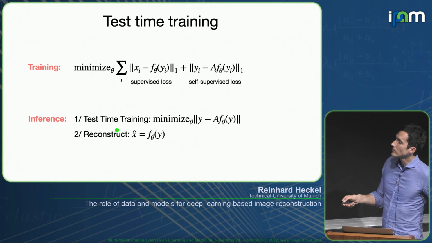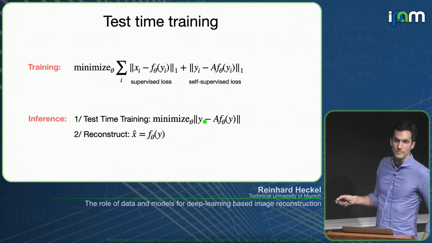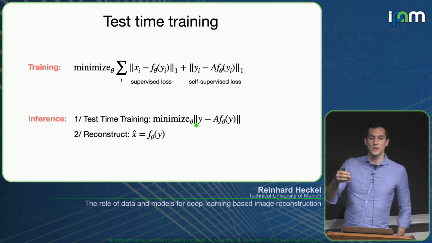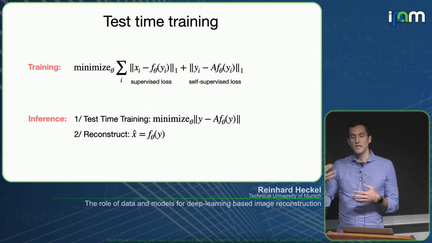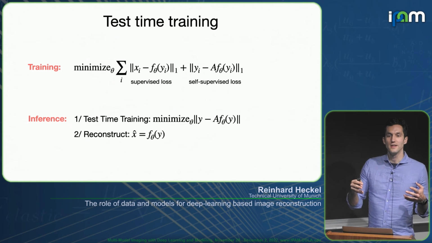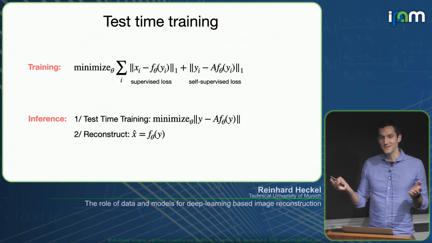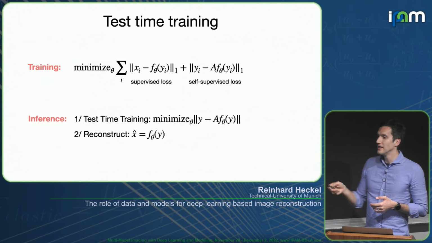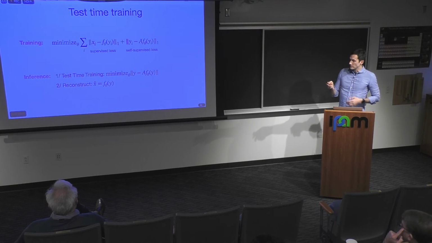Then we reconstruct with a neural network that we fine-tuned on that one example given at inference. We call this test time training because at test time, at inference, we are training again. There's also a paper that does test time training in classification. Unfortunately, it doesn't really work well for classification, but this idea works very well for image reconstruction problems.